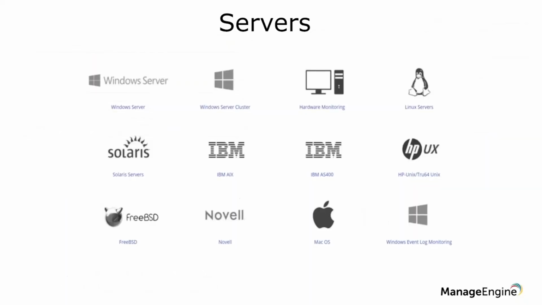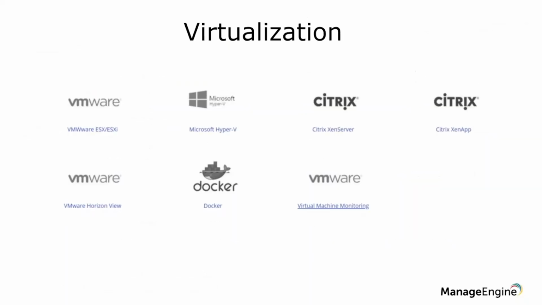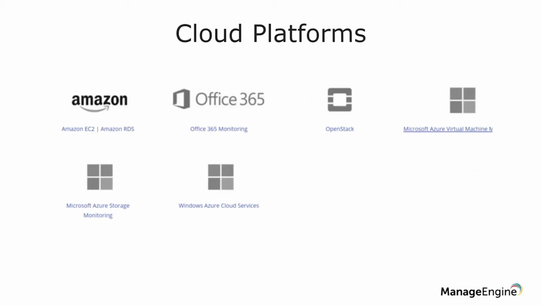The next category of monitor type is virtualization, where we monitor CPU, memory, storage, network information, and underlying virtual machine performance metrics we show in Applications Manager. The next category is cloud platform.